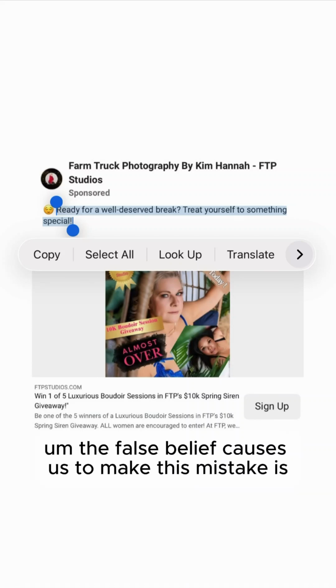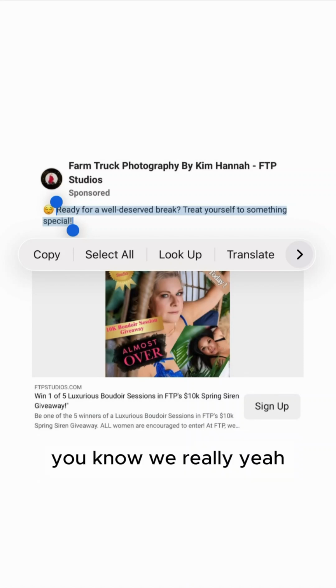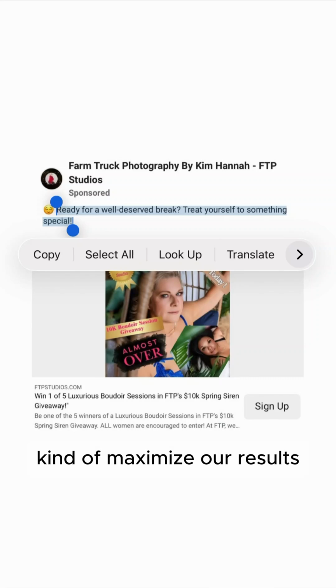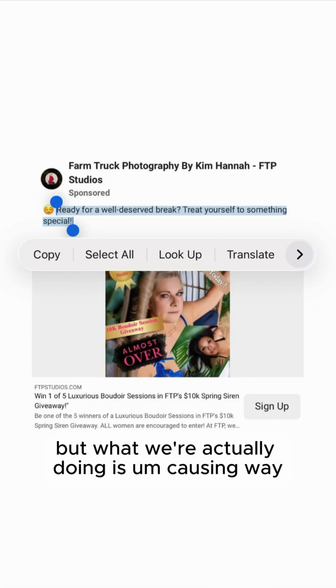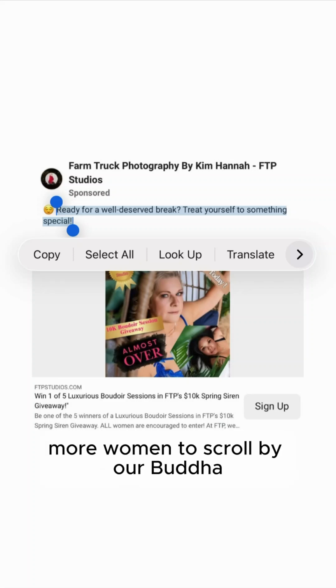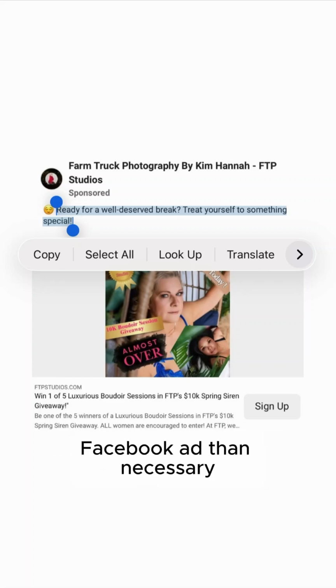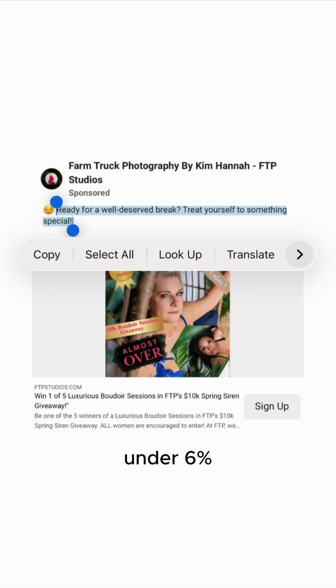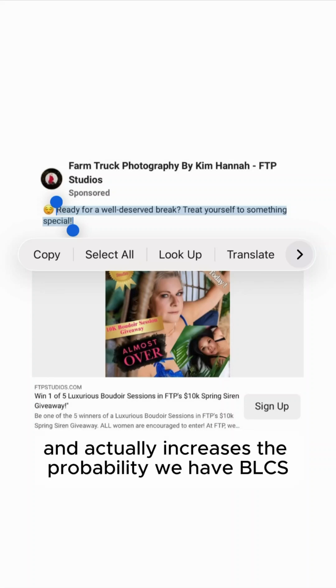The false belief that causes us to make this mistake is that we felt our headline was good enough to optimize our results, but what we're actually doing is causing way, way more women to scroll by our Boudoir Facebook ad than necessary, which pulls down our unique CTR under 6% and increases the probability we have BLCS.